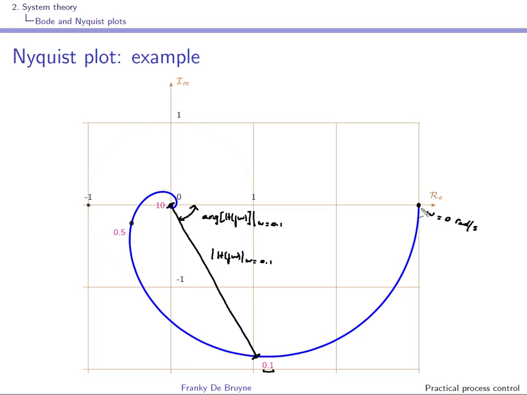And in this Nyquist plot, we can also have a look at the static gain. Here we see that at the 0 frequency, this corresponds to the static gain. H(jω) is a real number, so there is no phase shift, and the gain here is equal to 3.